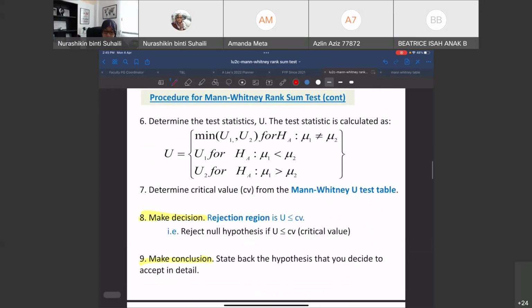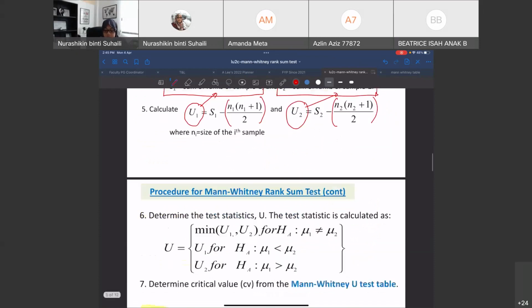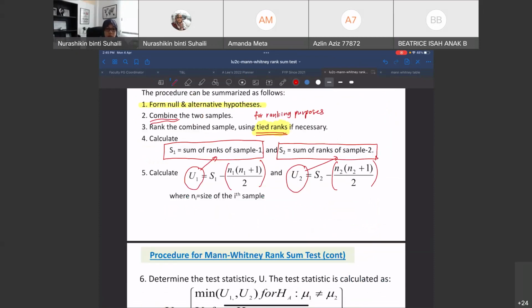Right, the sixth step is to determine the test statistic U. Just now you labelled U1, U2. It's not U. So be careful with that, because in the sixth step you have to calculate the U alone.